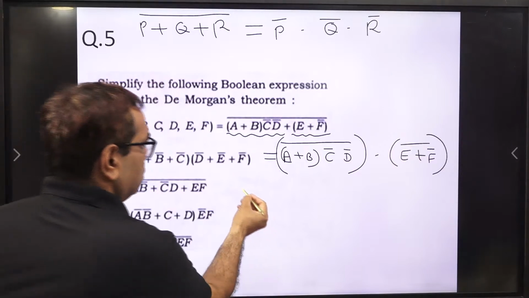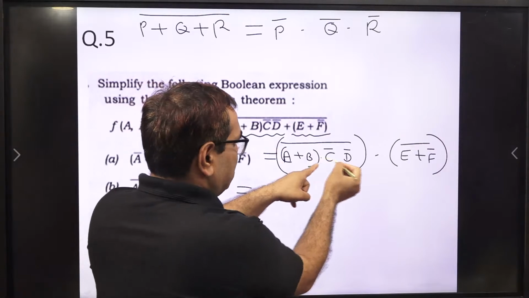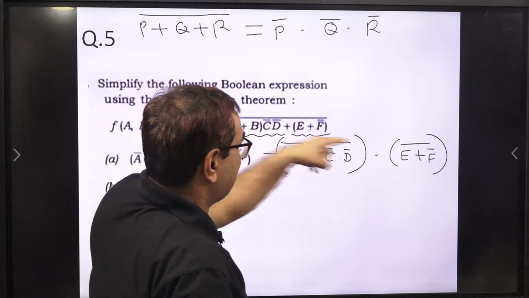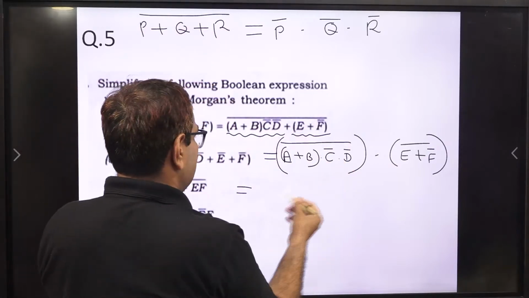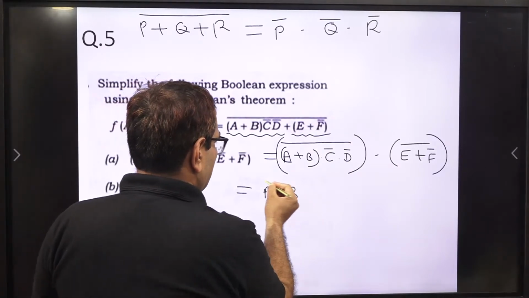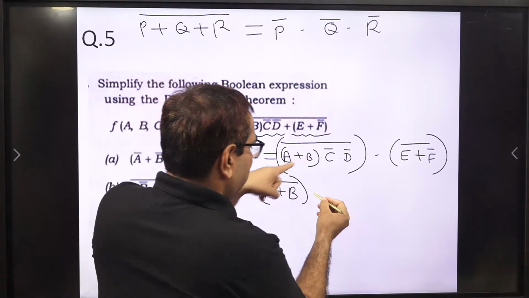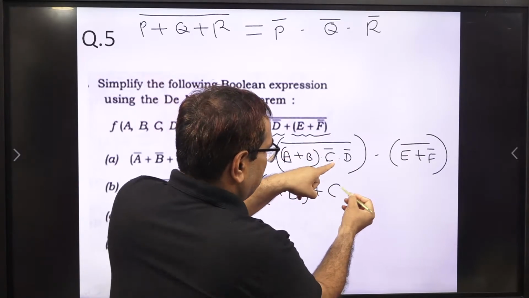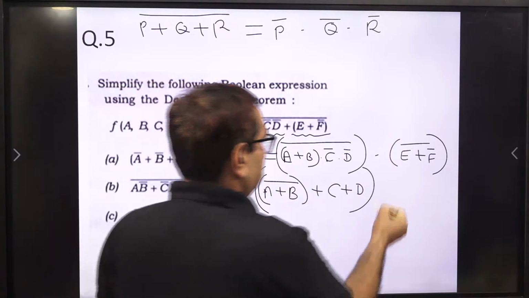Now here, a plus b, treat it as a single term, then dot, then dot. So we have three terms having dot and an overall bar. Using this formula, this can be written as (a plus b) whole bar, then this dot can be converted into plus, c bar bar is c, then this dot into plus, d bar bar is d in the bigger bracket, and dot.